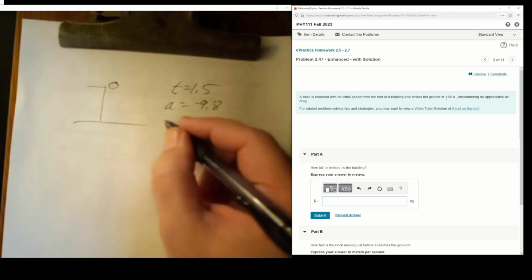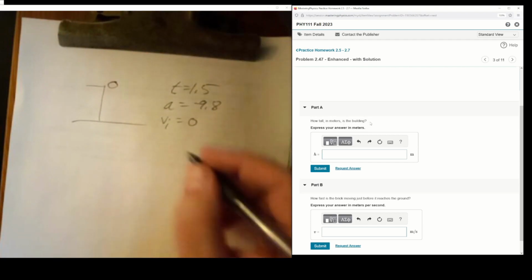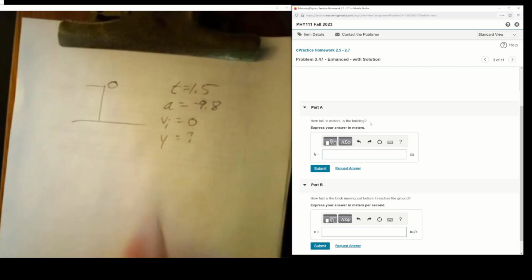Because the brick is just being dropped, our initial velocity is 0. We're not throwing it up, we're not throwing it down, we're just reaching our hand out there and dropping it. And they want to know how tall the building is, so we're looking for the displacement here.